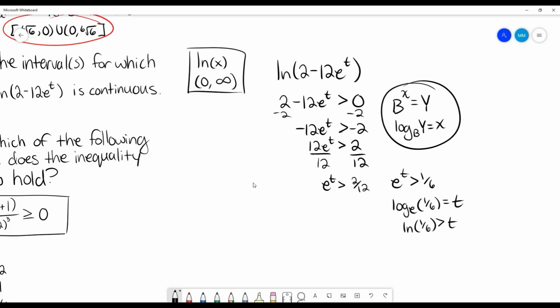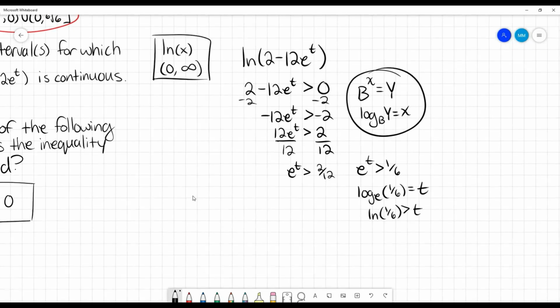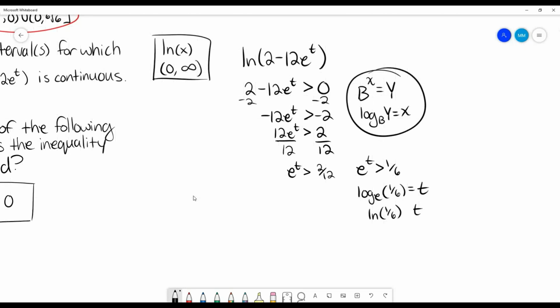I believe. Yeah? Hold on. No, greater than, sorry. Greater than, what was our original function? So, let's see, natural log of 1/6.